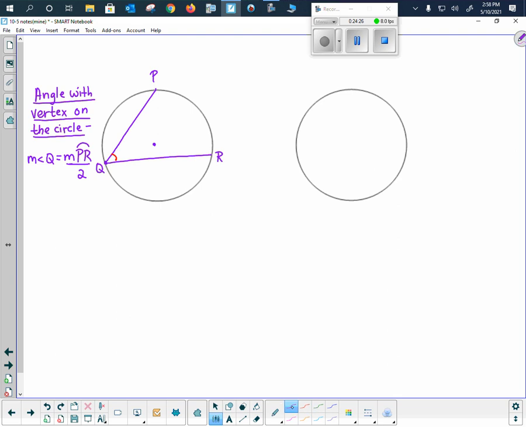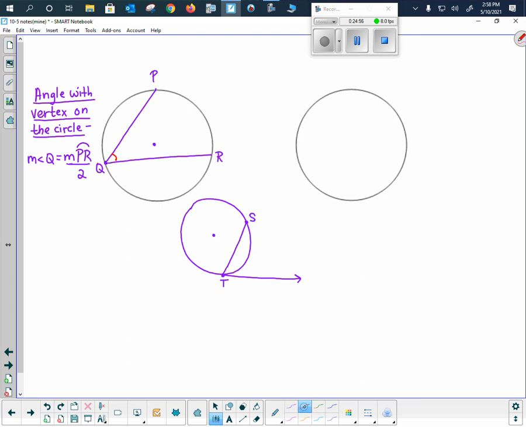All right, a little change on that one. Draw this one for yourself. Just draw another circle. So if I drew something that looked like this, we can put the dot in there. This is a different kind of weird looking one. If I were to ask you that and give you some letters, T and S, well, guys, it's the same. Again, we told you it's about where the vertex is.